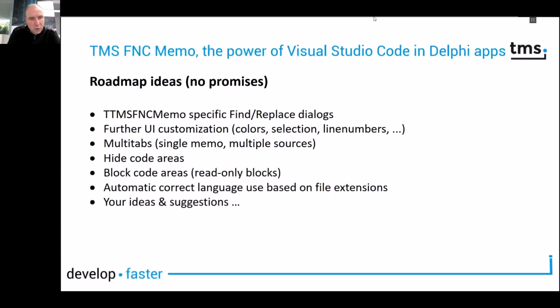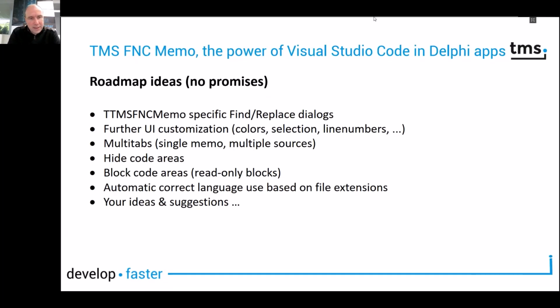Multi-tabs, that is also something that we are already working on for a next update. So the idea here is to offer via a single memo, edit multiple sources, to make this whole approach resource friendly and allowing you, for example, to have 50 files of source code open, but switch them from a single memo so that everything will be very resource friendly.